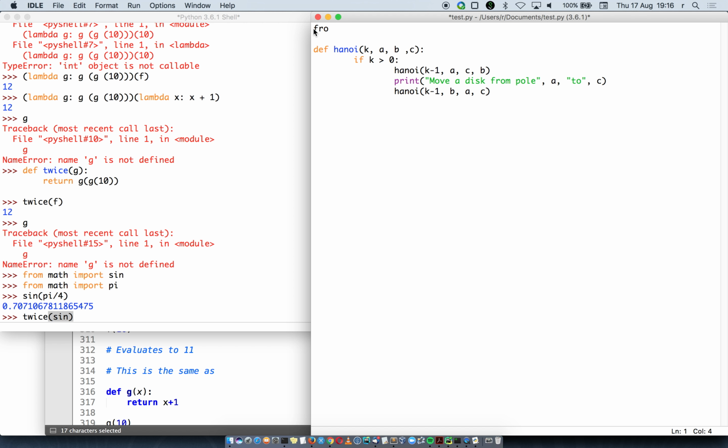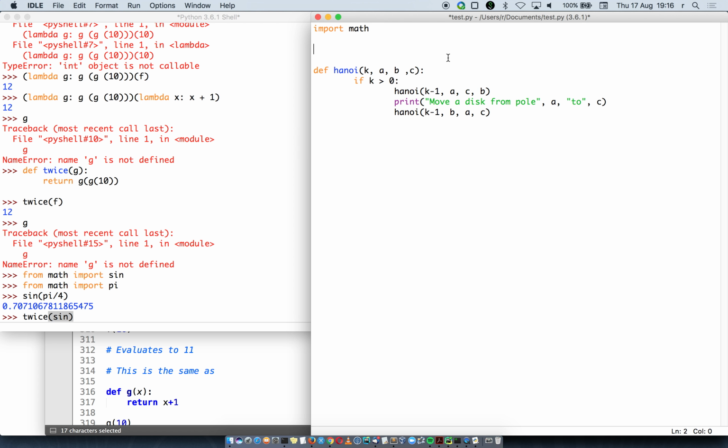You can also do just this. And then, later, you can say x equals math.sine of math.pi divided by 4. So that is even more protective because it will make sure that it doesn't clash with any other name pi that you might define elsewhere.